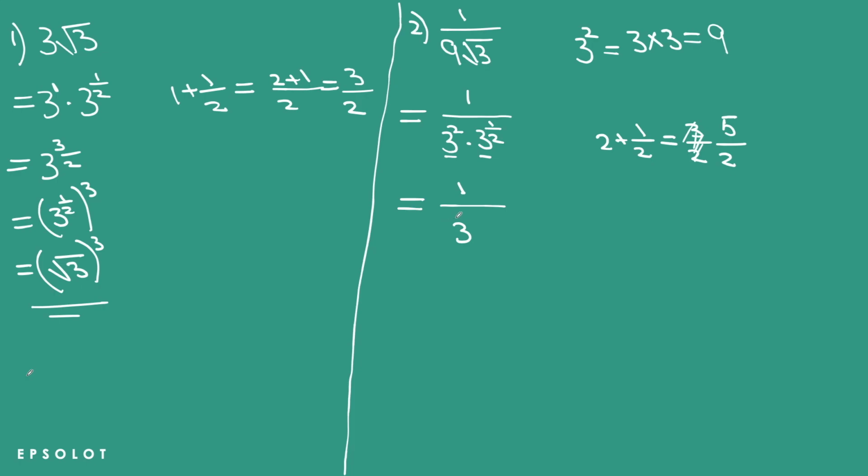Sorry about that. Then we'll write 3 to the power of 5 halves. And then again, using the previous definition, I can directly write this as the square root of 3, in brackets, raised to the power of 5. And that's it.